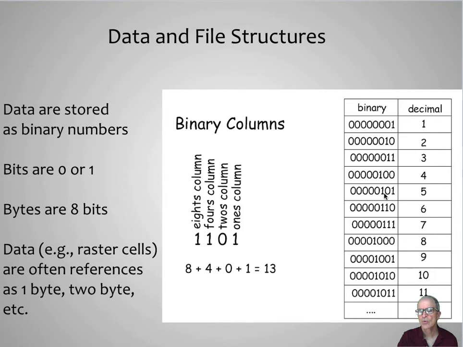The number 5 is 1 in the fours column and 1 in the ones column. So we're just basically building up our numbers in base 2 notation. If we have 2 or 4 or 8 or 16 byte data, it's different in what it can store than, let's say, 8 byte data can store less than 16 byte data. So we're going to have an upper limit depending on how many bytes we have.